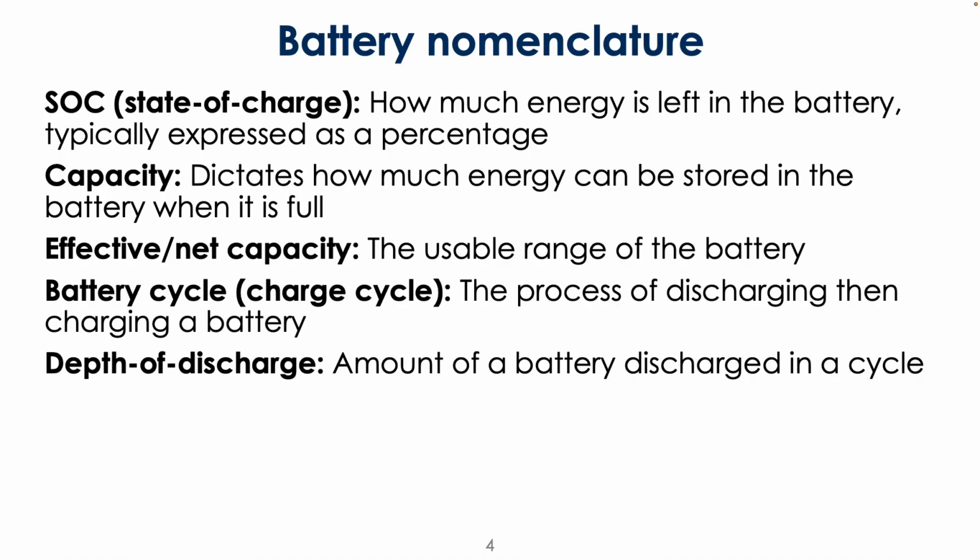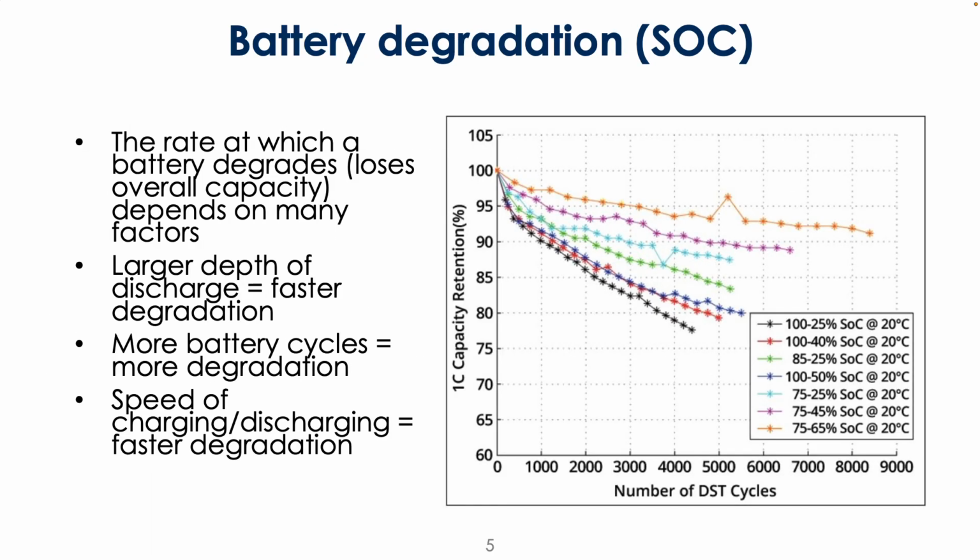So I'm going to talk a little bit about, on the operational side, this idea of battery degradation and the way it relates to different operational aspects of the battery. How does battery degradation relate to the use of your battery depending on the state of charge?